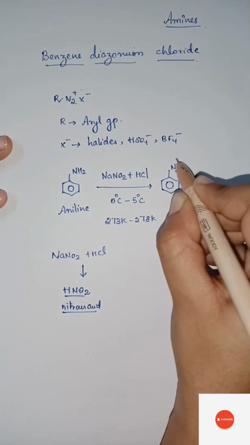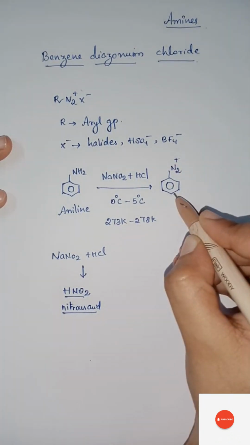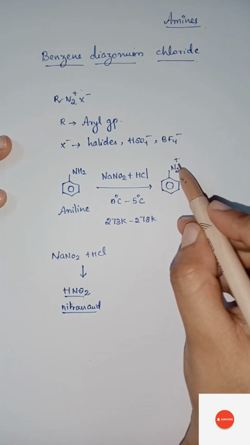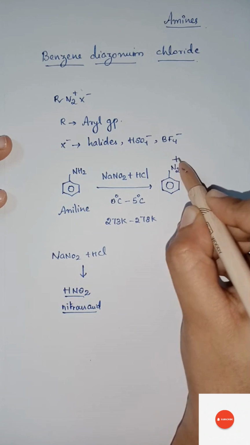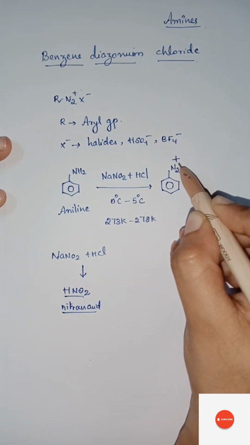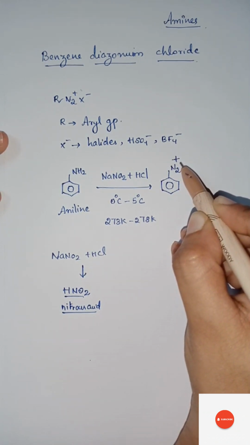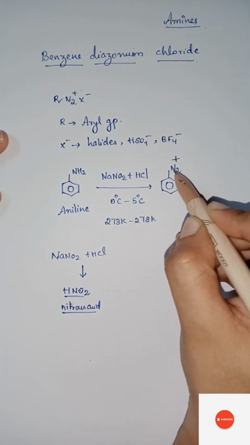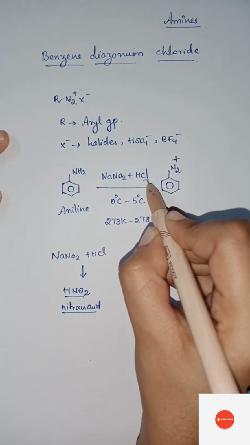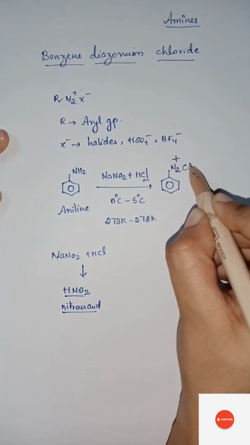So here this N2+ is the diazonium: diazo means two nitrogens are there, and anything ending with -ium will be positively charged, so diazonium. And whatever acid I am using, I will get the same anion.